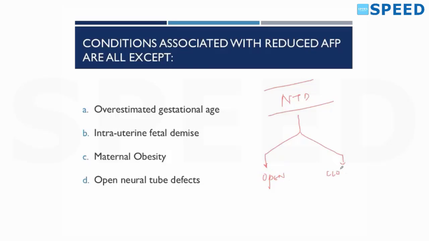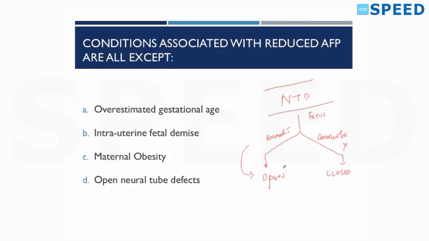And the other ones are closed neural tube defects, where though the fetus is having this type of neural defect, the amniotic fluid is not in contact with the neural tube defect. So here in the open type, the amniotic fluid is in communication with the neural tube defect.